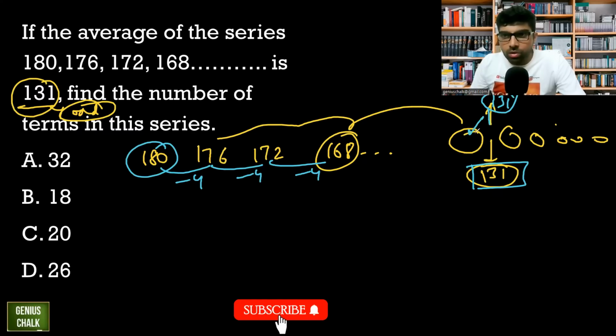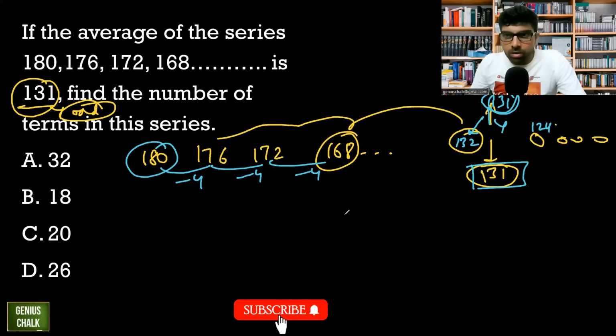So odd number will be lying close to two even numbers. So before this, it will be 132. And after this, it will be 130. And then it will be 132. Then 128. Then 124. Like this. I hope you're getting my point. Difference of 4, na?